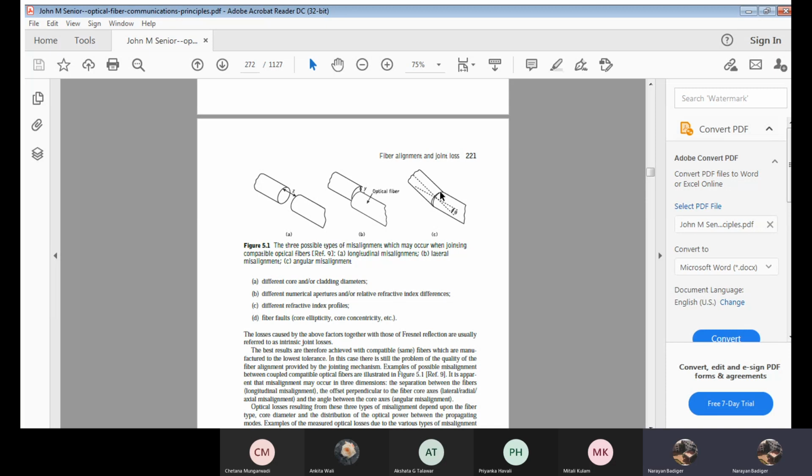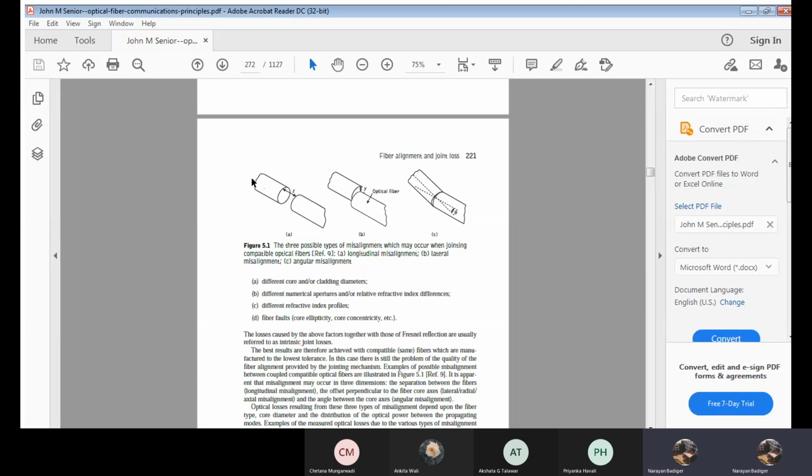Next is the angular misalignment. If I hold the pipes with both faces matching exactly, there is a chance for the light wave to pass through. But if I tilt one and hold both the pipes at a certain angle, there will again be misalignment, with a change in angle.